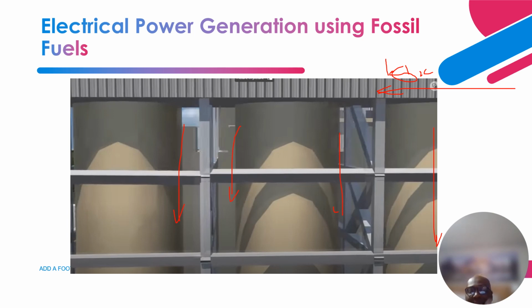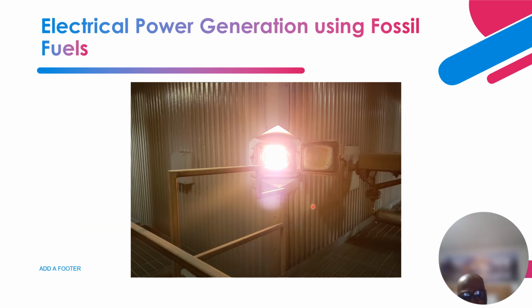Once it has ground the coal into that fine powder, you have the PFN, the output of the mill, that blows air to integrate that fine powder and feed it into the boiler. So this is a typical picture of the inside of the boiler.